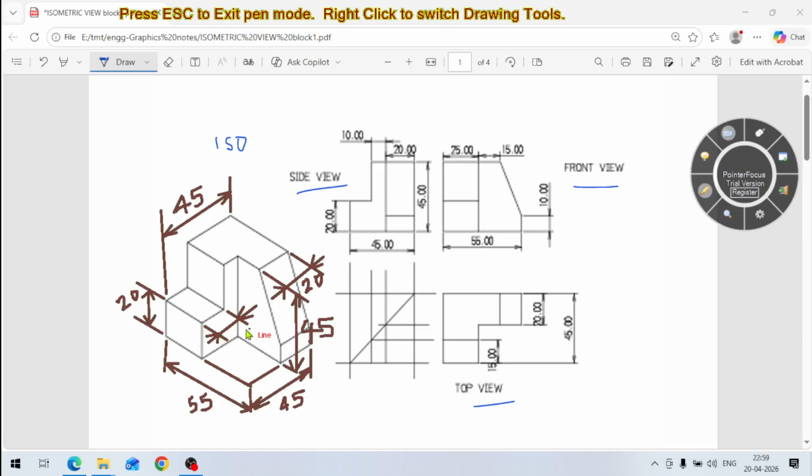And how much is this distance? This distance is 15 mm. This step is 15 mm.